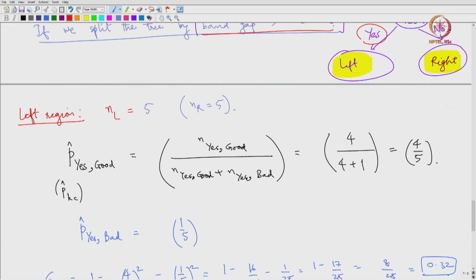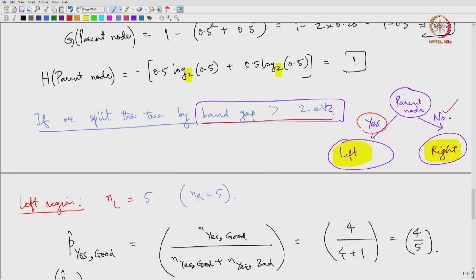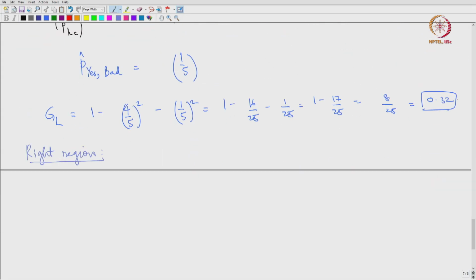So, if you go back, the right region is all about the band gap not being greater than 2 eV. So, we have to look at the points where your band gap feature says no, and then there are only two classes. So, you have to find p hat no good and then p hat no bad.